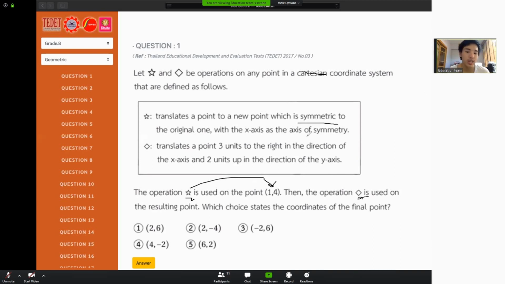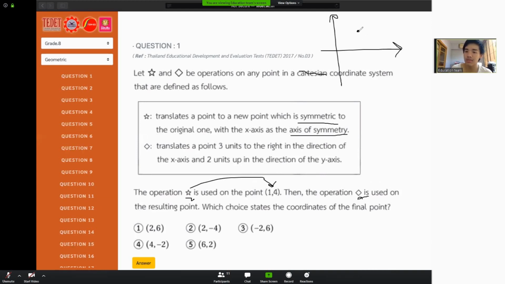Symmetric means สมมาตร, axis of symmetry is แกนสมมาตร. So we have our graph here, our x-axis, the horizontal axis, แนวนอนอันนี้แกน x is our axis of symmetry. We want to take any point, and the star operation takes it to a point which is symmetric to this point with respect to this axis.